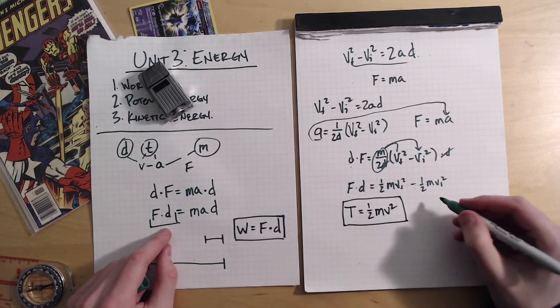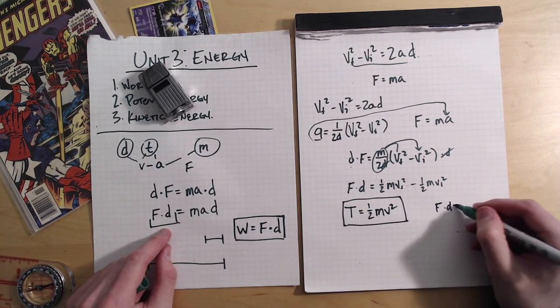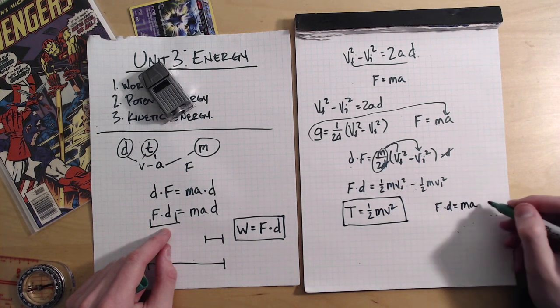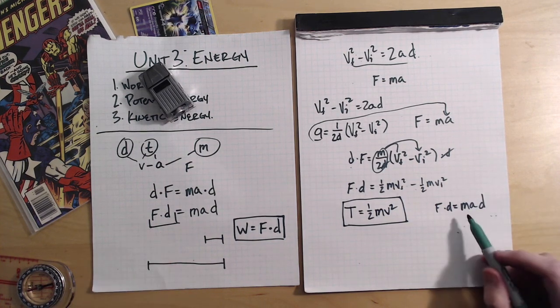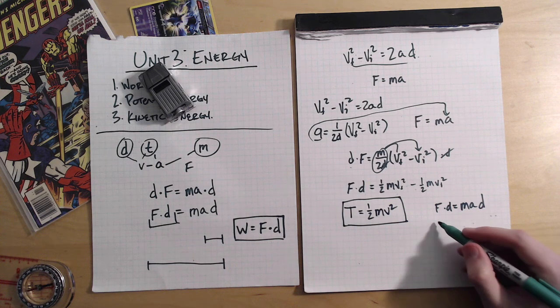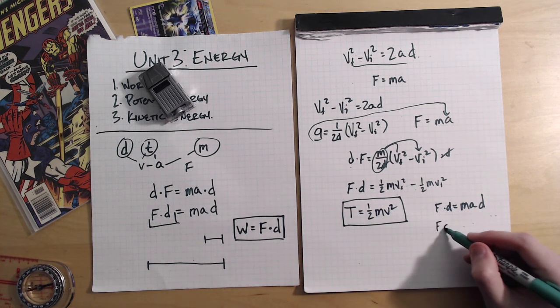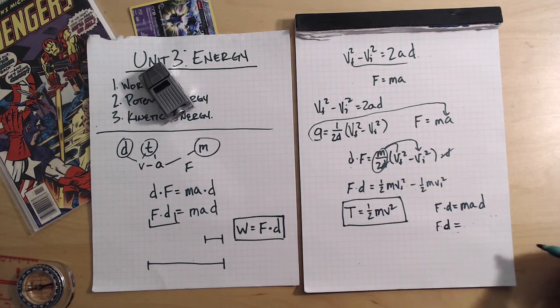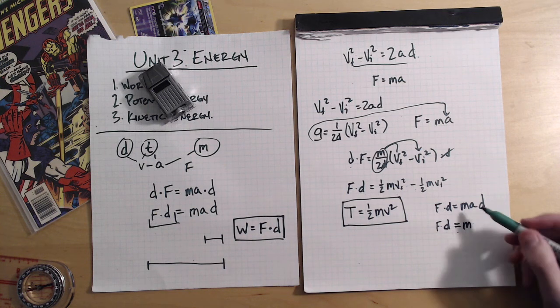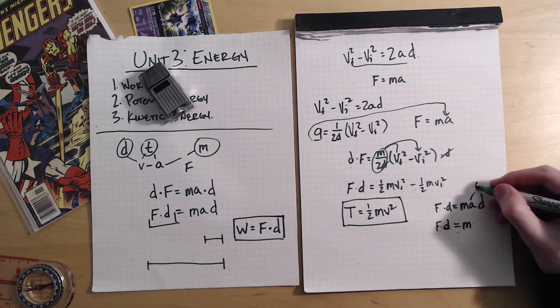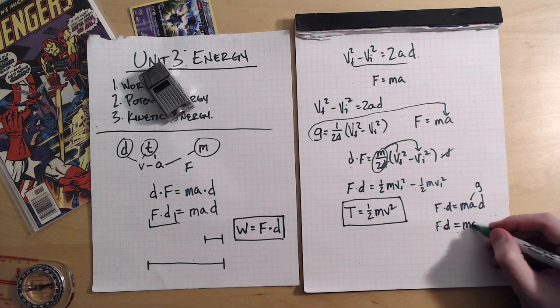Let's revisit this guy over here. We're going to get force times distance is mass times acceleration times distance. Let's replace these variables. So we have force times distance is equal to, we're going to leave mass the same. Well, hey, we know an acceleration. That's g.